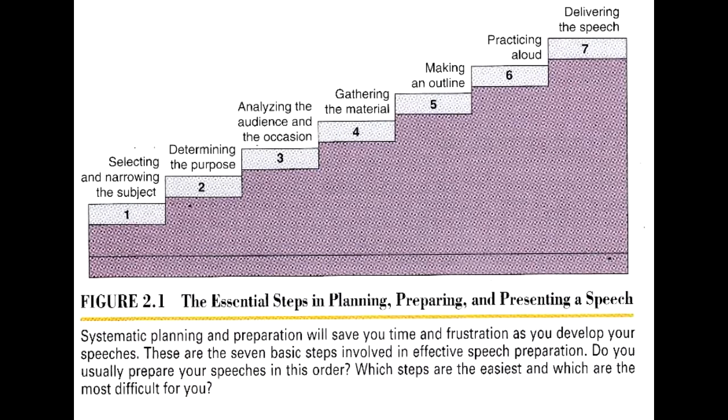In the 7 steps for planning your speech, I'm going to refer to figure 2.1 in the book: selecting and narrowing your subject, determining the purpose, analyzing the audience and the occasion, gathering the material, making an outline, practicing aloud, and delivering the speech.